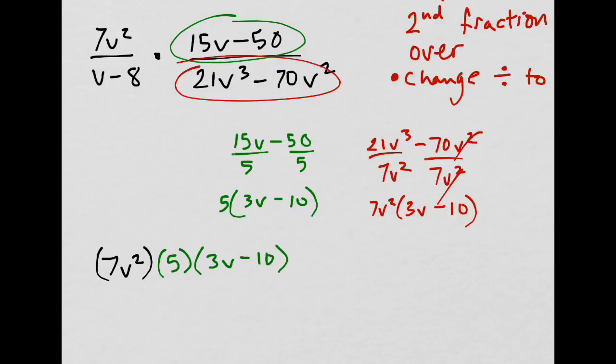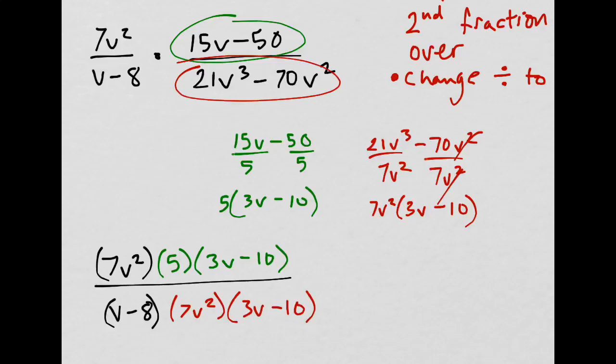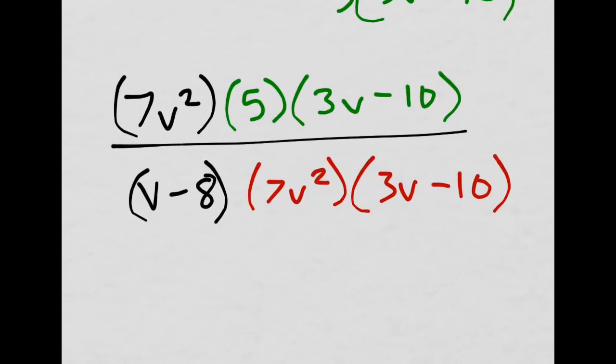And then one single line, the v minus 8, I need parentheses now, v minus 8. And then this part changed to this, so I'll put this in parentheses as well: 7v squared and 3v minus 10. All on the same line, and look what happens.